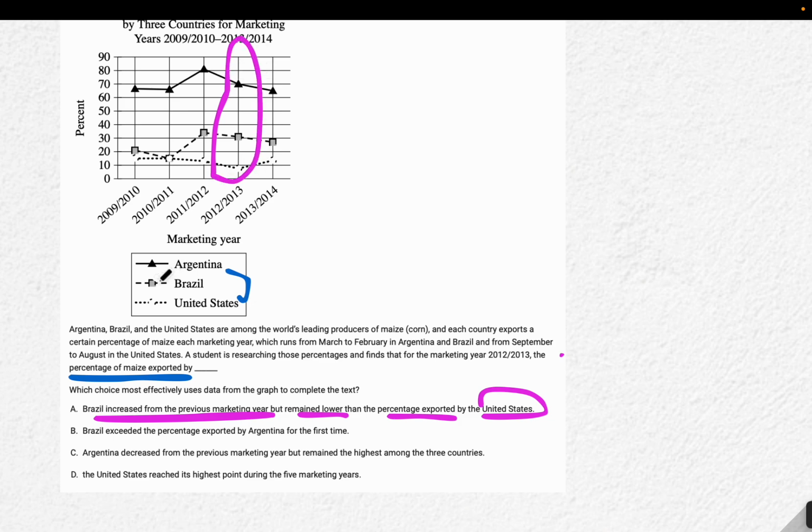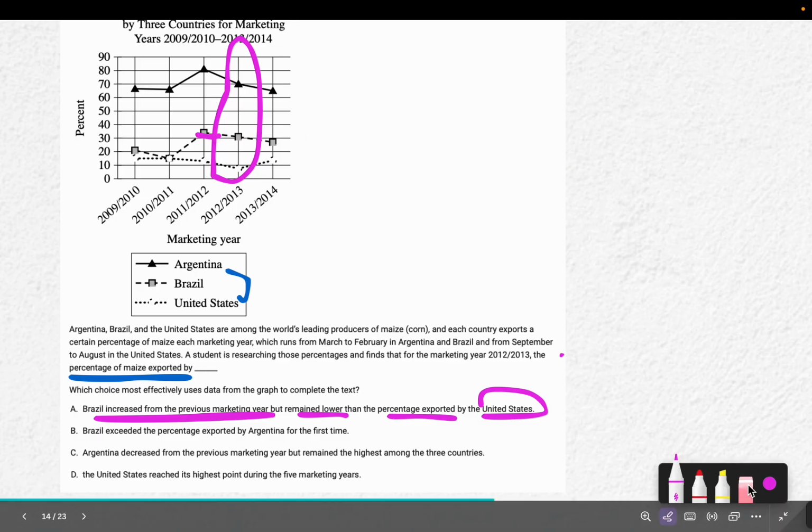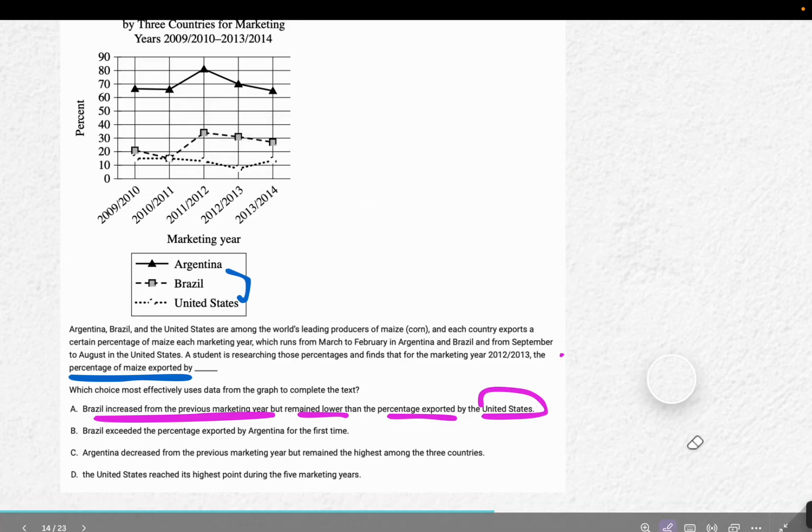Brazil is the square one. Increased from the previous marketing year? Nope, it did not increase. In fact, it went from 30 something to 30, which was not on the line before, and now it is on the line, as we can see.